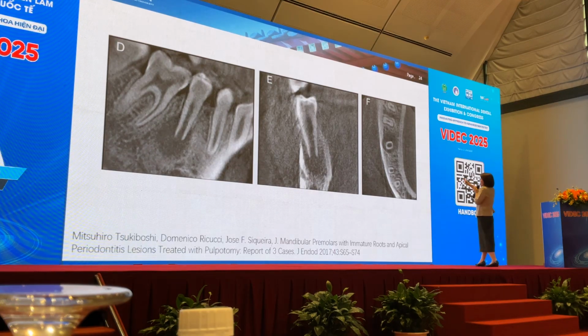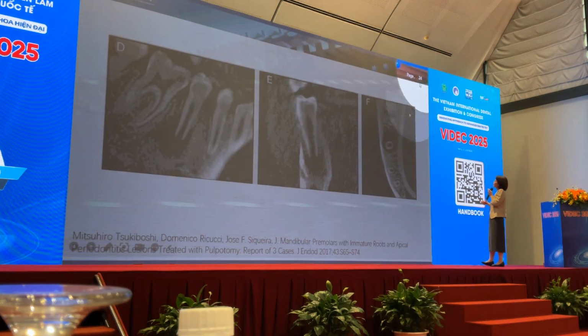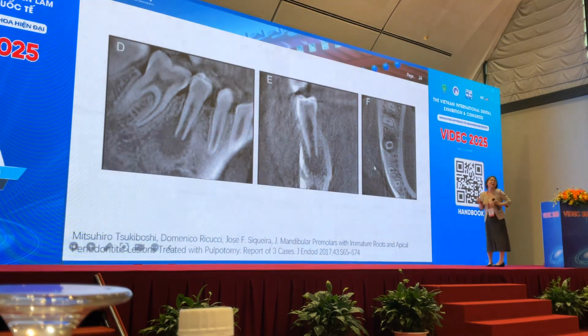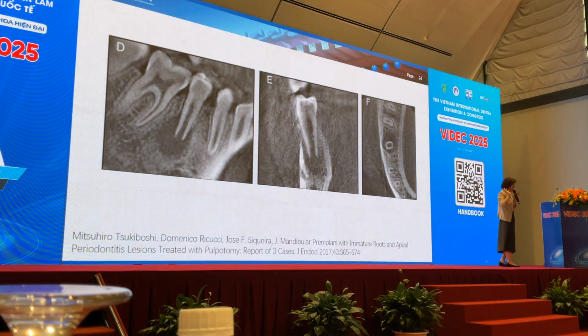And look at this image, you see, the bone lesion affects all aspects around all the surface. So it's reasonable to make the diagnosis, and also easy. It's apical periodontitis, right?